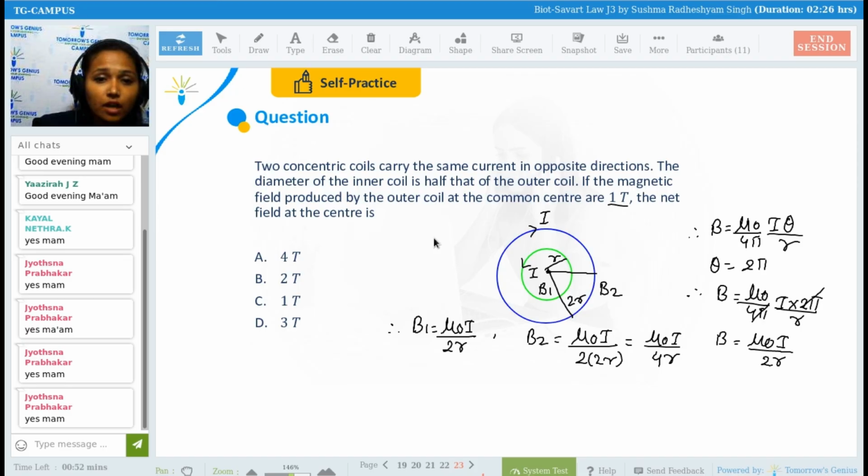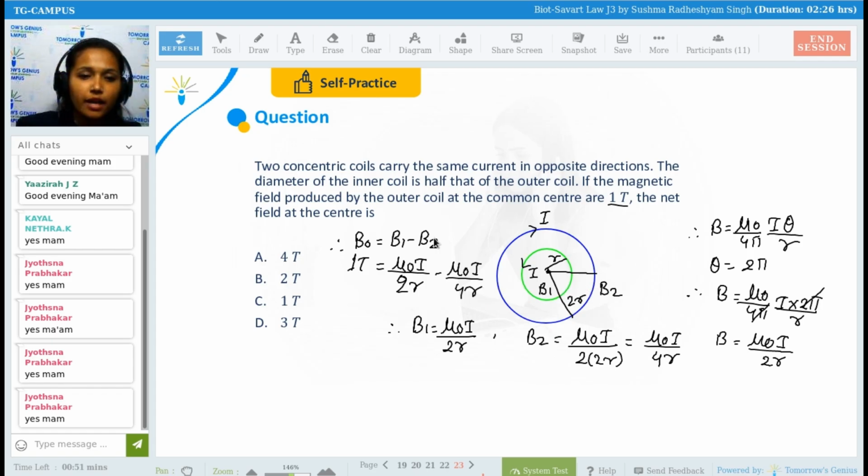Now, they say the net field at the common center is 1 Tesla. So we simply subtract. B naught, which is given, is B1 minus B2. B naught is 1 Tesla, so B1 is mu naught I upon 2R minus mu naught I upon 4R.